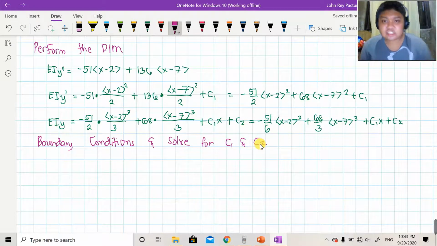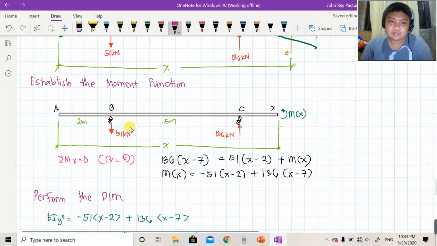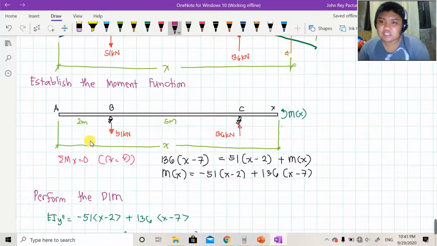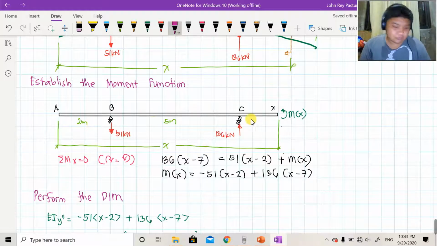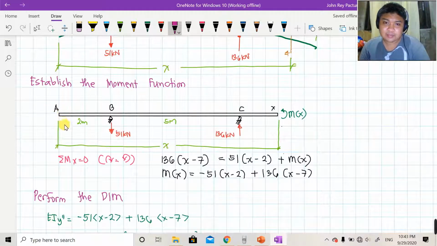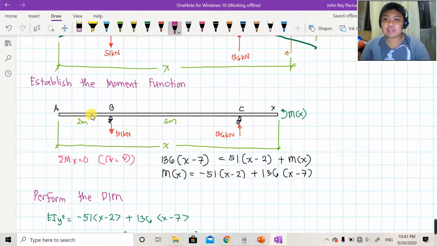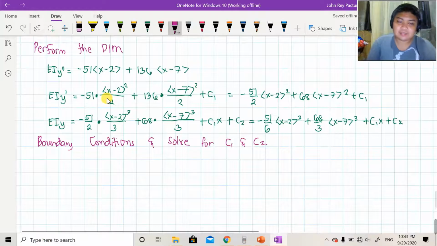So, based on the original structure of our beam, we have two simple supports at point B, whose representation is x equals 2 meters, and at point C, whose representation is x equals 7 meters. Because if you look at our drawing, class, point C is 7 meters from the left end. Remember, x is always with respect to the left end. Okay? So, I hope that is clear.